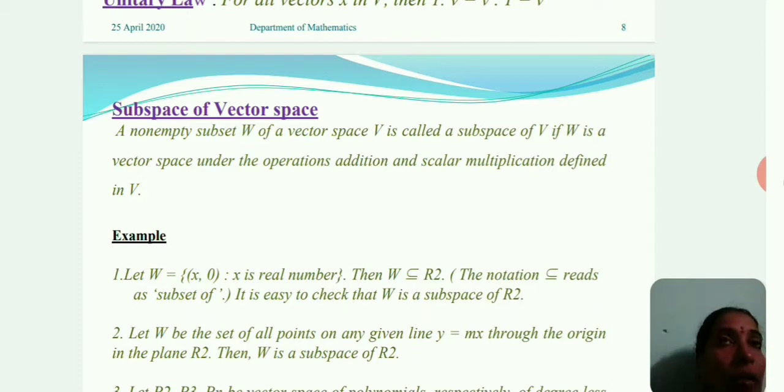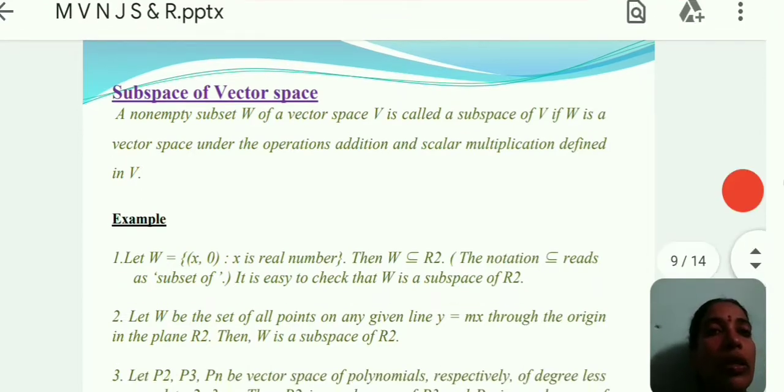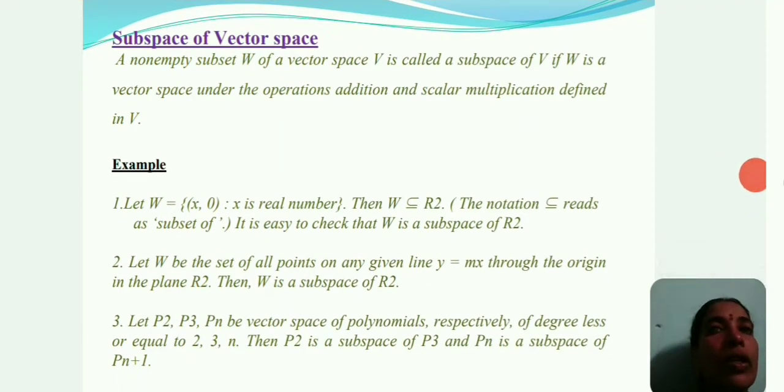According to the internal composition: closure law, associative, identity, and at the same time inverse conditions. And after that, according to the scalar external composition, the properties: left distributive law, right distributive law, associative law, and identity law. These 8 conditions are also satisfied by W.